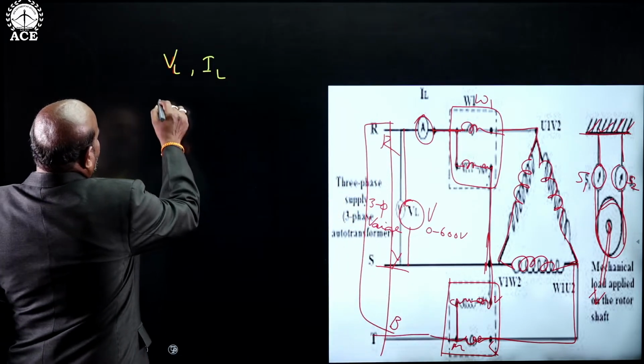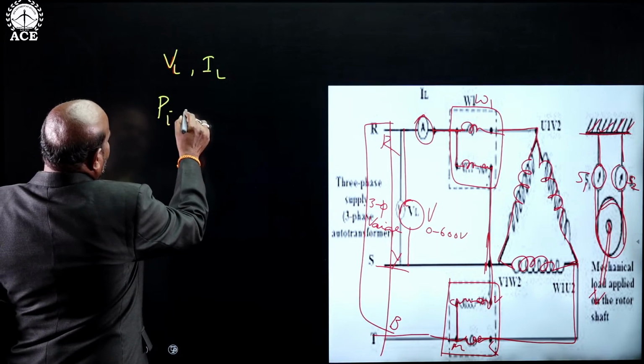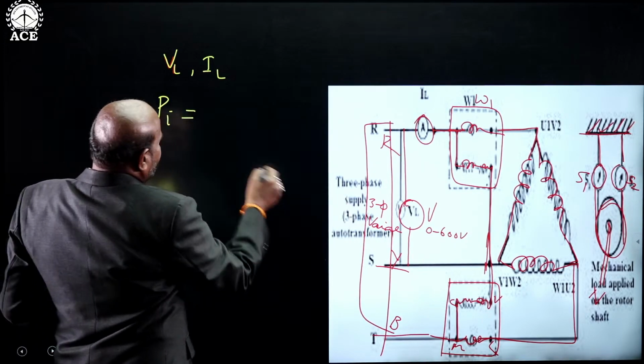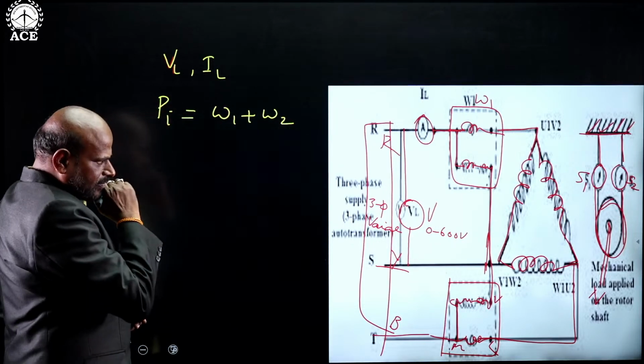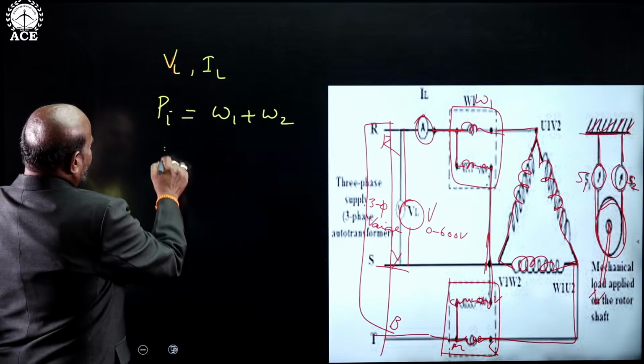The input power is given by the sum of the wattmeter readings W1 and W2. How do we find the output?